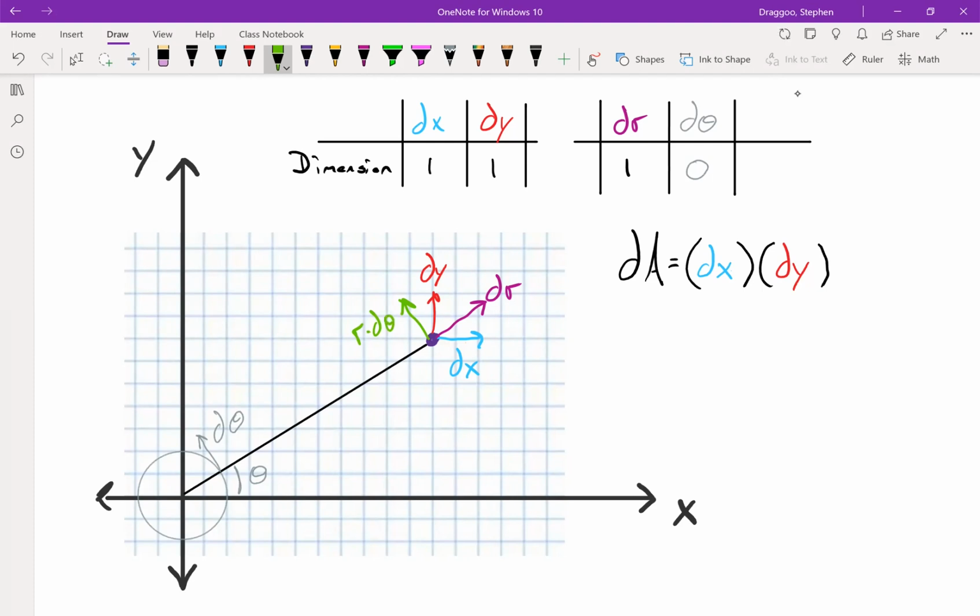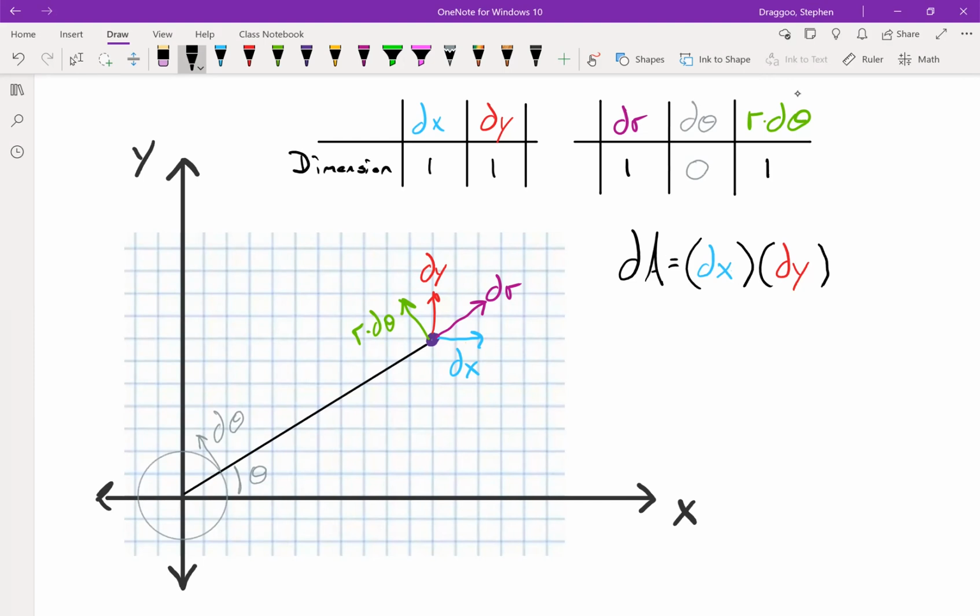So that r times d theta would give us that green arrow that we've drawn in that actually exists where our point is. That way, if we throw r d theta up here on our dimension tracker, r d theta should have a dimension of 1 now.